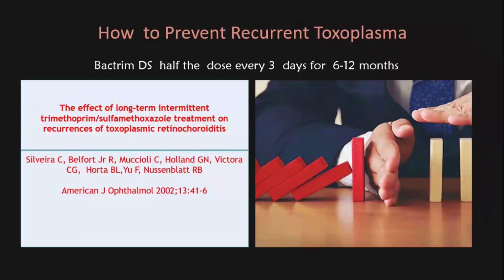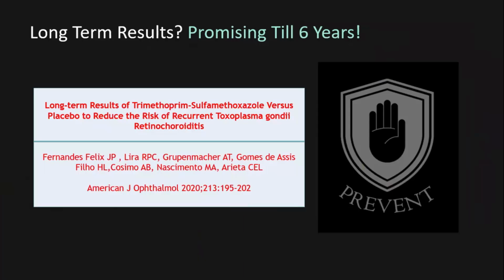So how to prevent recurrent toxoplasma? We have prophylaxis like trimethoprim-sulfamethoxazole available, and half the dose is recommended. And these colleagues from Brazil have done even long-term trials, up to 3 years, 6 years, and found that when the patient is on prophylaxis, recurrences reduce.